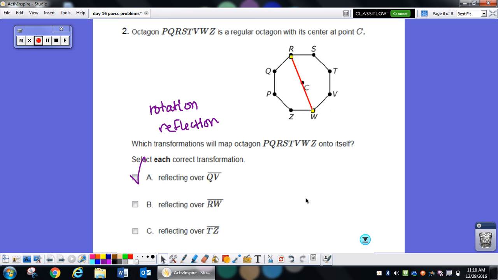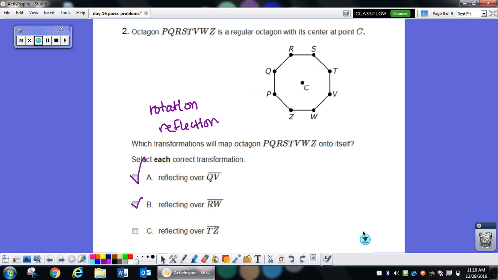Okay, so that's a symmetry line, so that works as well. Okay, and then reflecting over TV, segment TZ, sorry. And if you look, you can see the major difference there, that that's not a symmetry line, so that does not work. Okay?